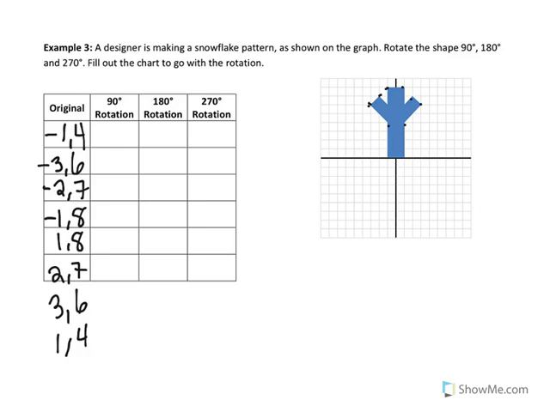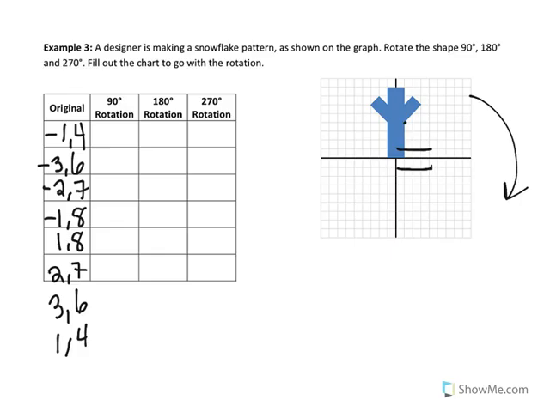So that's all of those vertexes. So if I was to rotate it 90 degrees, we're going to go clockwise. This point right here at 1 and 4 will now be at this point right here. We can probably just draw the snowflake by figuring out what it would look like if we rotated it.